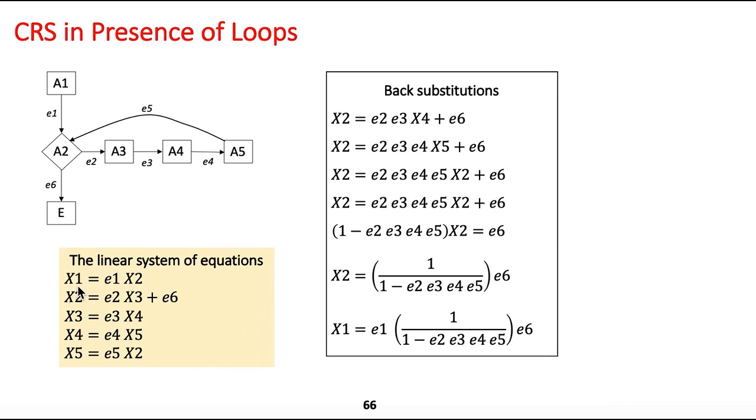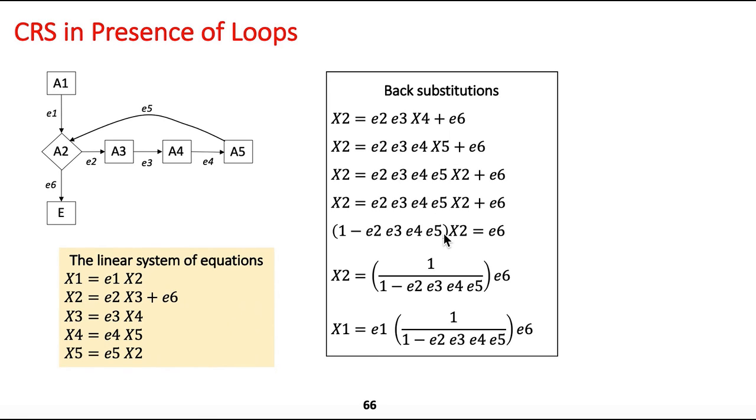So we can set up the equations as before. So we have these successor elements. A2 follows A1. So we have the successor element E1, then the successor element E2, E3, E4, etc. And so we have these equations as before, and then we can start solving the equations. But when we have a loop, we get something which is a little weird.